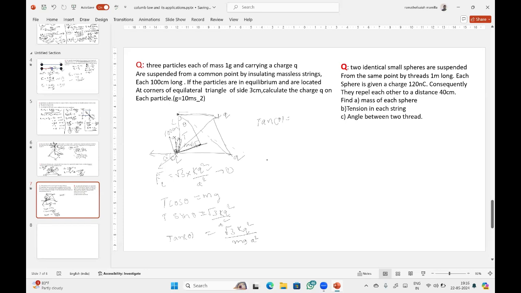Therefore tan theta is opposite side by adjacent side. The opposite side is A by √3.